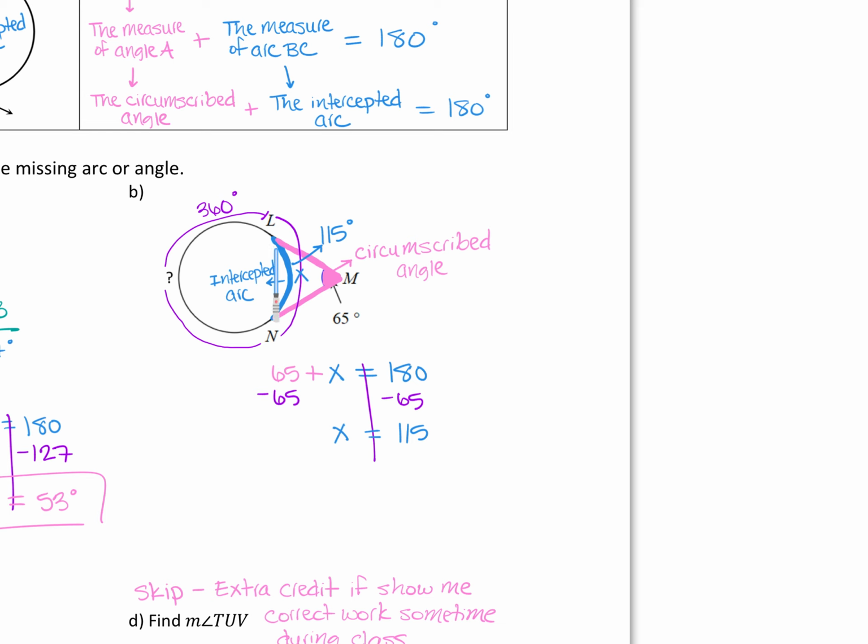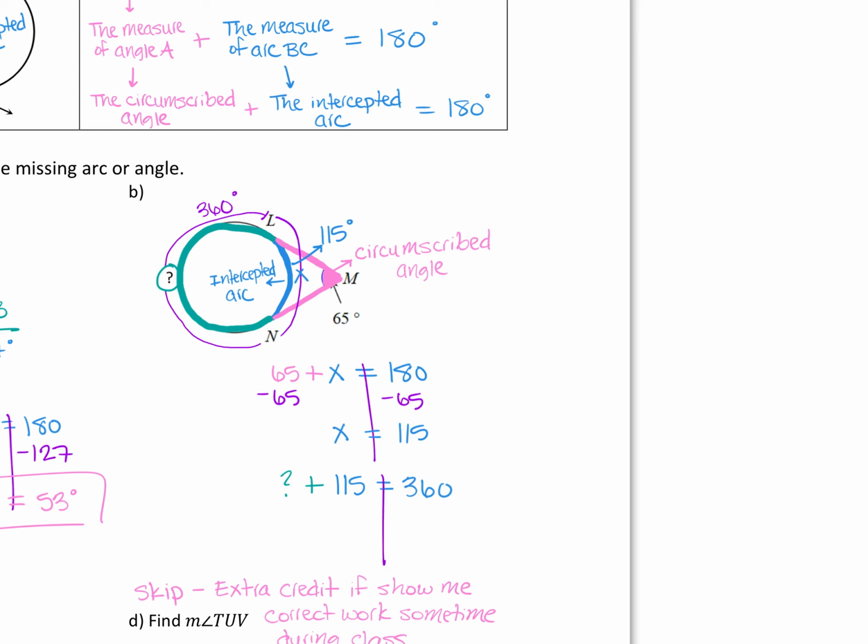And then if this is 115, then we want to find what's left over. So this question mark is this arc right here that's left. Because this green arc and the blue arc go all the way around the circle, that's 360 degrees. And so we know that if we take the question mark and add it to the 115 degrees, it will equal 360.